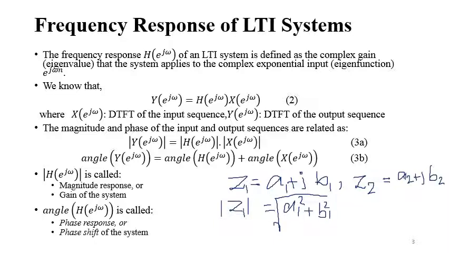For example, we have two complex numbers, z1 equals a1 plus jb1 and z2 equals a2 plus jb2. To find the magnitude of z1, we just take the square of the real part plus the square of the imaginary part, and then take the square root of the whole.